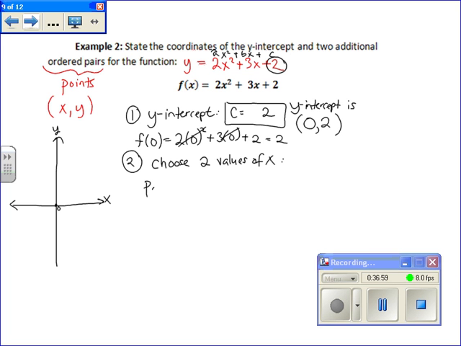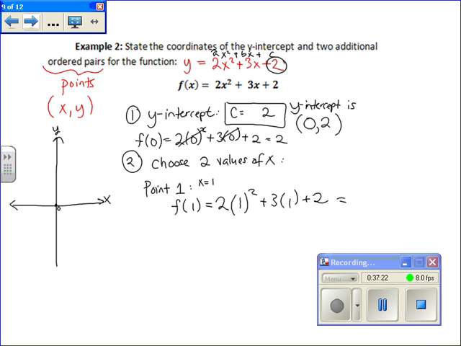So for point 1, maybe we'll pick x is equal to 1. So we can use function notation. f of 1 is equal to, well, the formula, but everywhere I have an x, I'm going to put a 1. Let's see what I get for that.